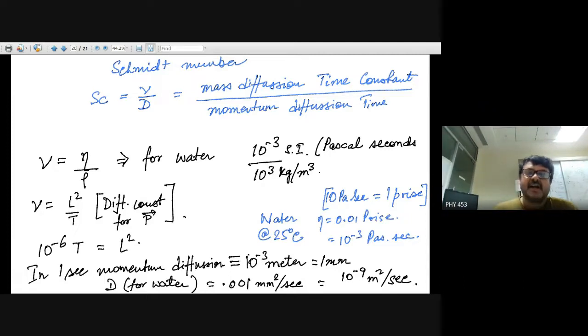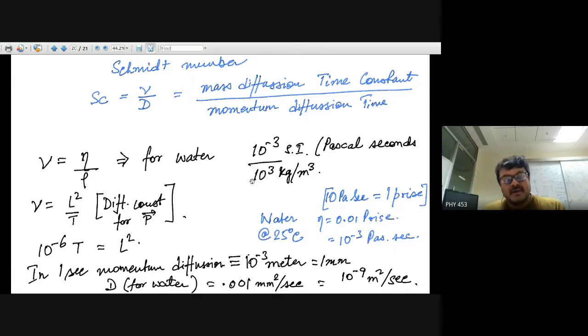Just to have an idea of the numbers, nu, the kinematic viscosity, is the dynamic viscosity eta divided by rho. And as I told you, eta has values of 10 to the power minus 3 SI units, which is Pascal seconds.